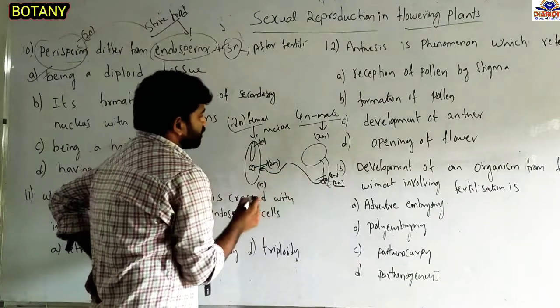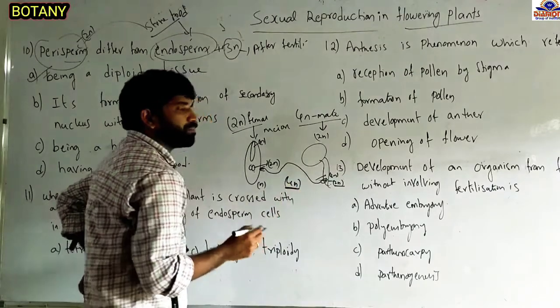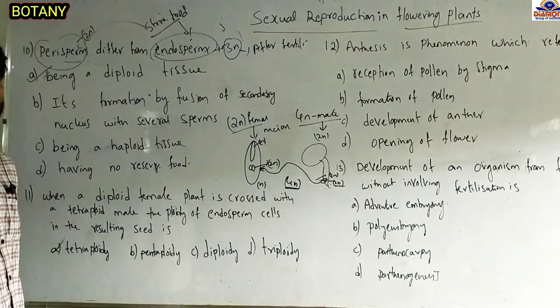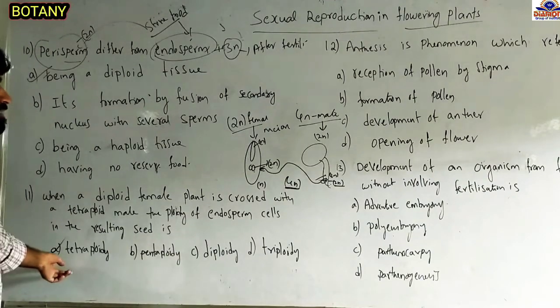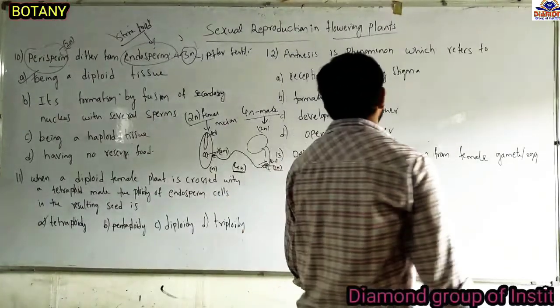So diploid and diploid fuse together and form a tetraploid. The ploidy of the endosperm will be tetraploid, because endosperm is a product of double fertilization.